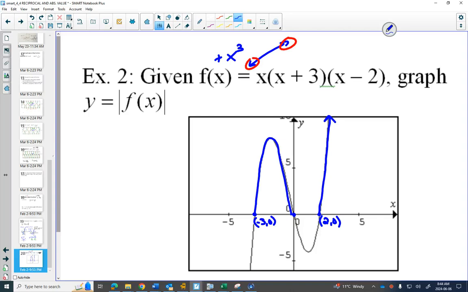Because if you absolute value a positive number, it's going to be the same as it was. But everywhere where it was negative, it's going to get flipped over the x-axis. So this would be the graph of the absolute value of f of x. I took my original graph, and any places where the y values were negative, I flipped them up over the x-axis.